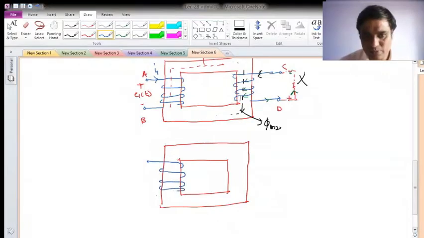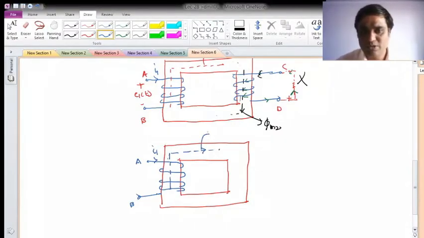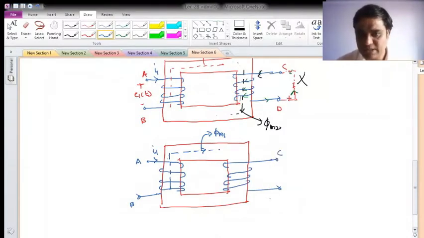Suppose this is the case, and these are the terminals A and B. This is the flow of current I1, due to which the magnetic flux will flow this way. Let me name it phi m1, and now I have drawn the same sense of winding which I drew before. Suppose these are my polarities C and D, and say now my C is positive and D is negative, and to this I will connect the external circuit this way.